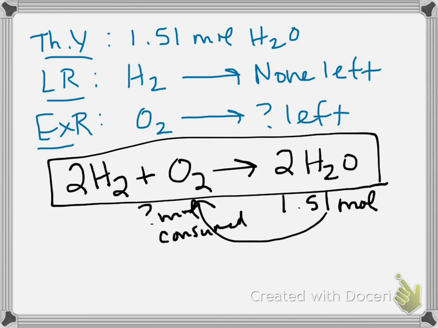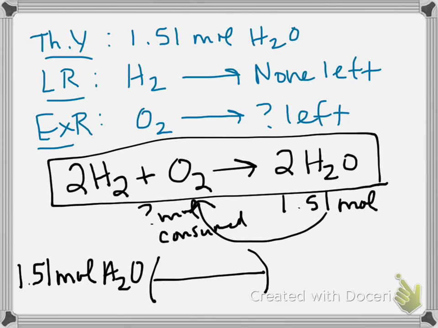Instead of figuring out the product, I'm going to figure out how much reactant was consumed. So this time I'm going to take my theoretical yield, 1.51 moles of water. If all of that reacted, for every 2 moles of water that were produced, how much oxygen reacted? Well, 1 mole of oxygen reacts.